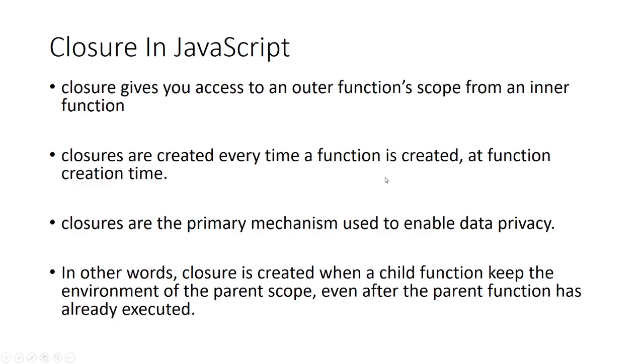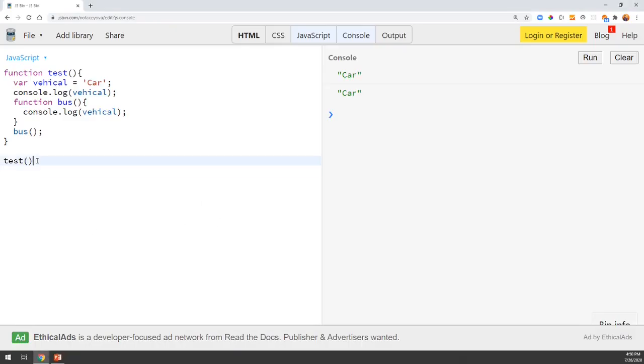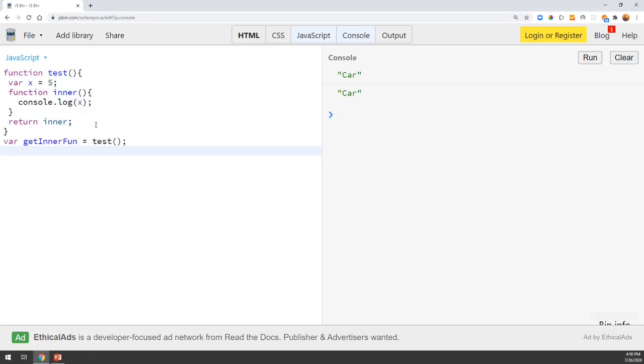Let's see practically what exactly a closure is. There is an example of closure. Okay, so let's run it on our JSBin. Let me copy and paste here, and clear this as well.